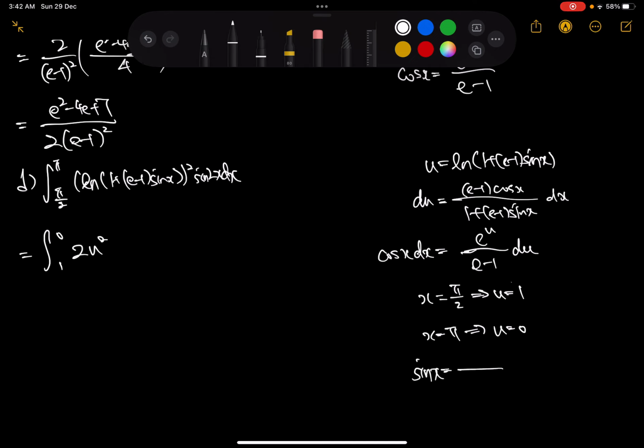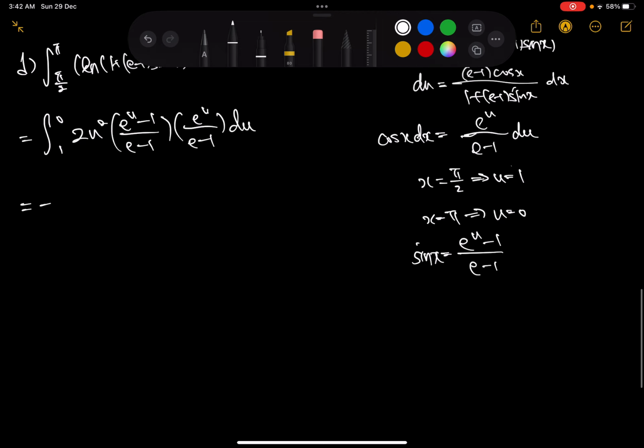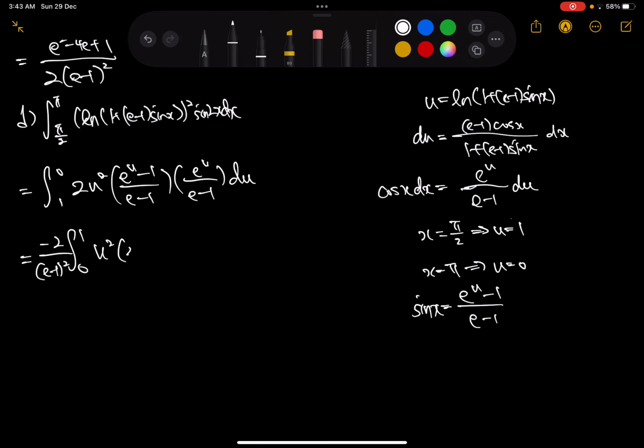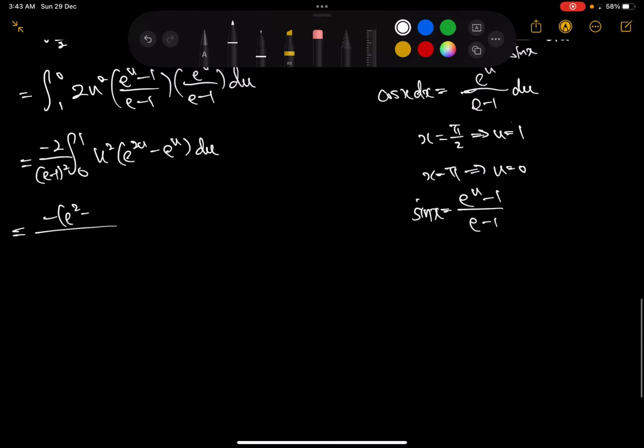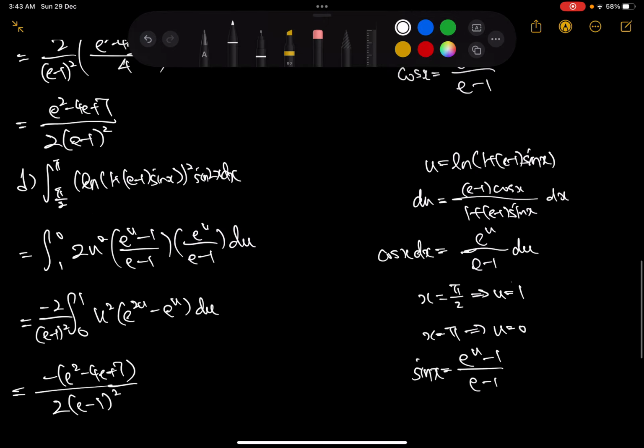Sine x is e to the power of u minus 1 over e minus 1, and cos x dx is e^u times (e minus 1) du. So we have negative 2 from 0 to 1 of u squared. Let's put the (e minus 1) squared outside. Negative 2 u squared (e^(2u) minus e^u) du. And that is just the negative version of part C. So we could go ahead and just do this. And that's it for this question, which is quite easy, honestly.